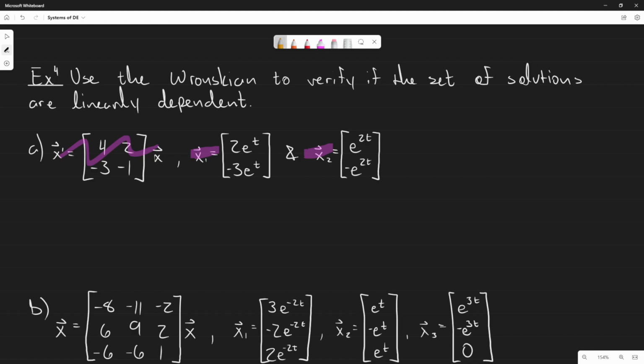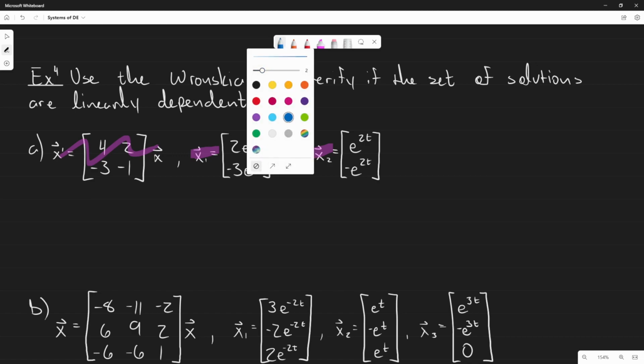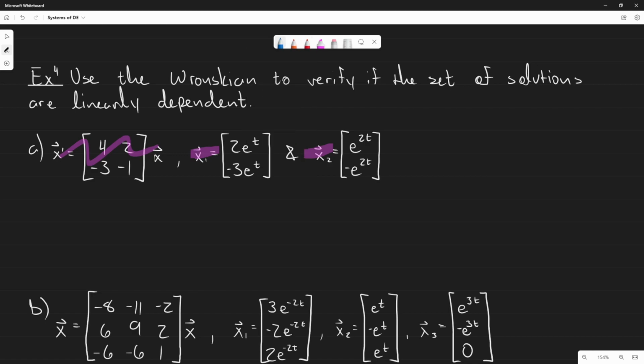To do that, we use the Wronskian determinant. The Wronskian is going to be the determinant of x1, x2, which are column vectors. So our Wronskian for this case would be 2e to the t, -3e to the t, e to the 2t, -e to the 2t. And all we have to do is find the determinant. This is a 2 by 2 matrix, so finding the determinant won't be that hard.